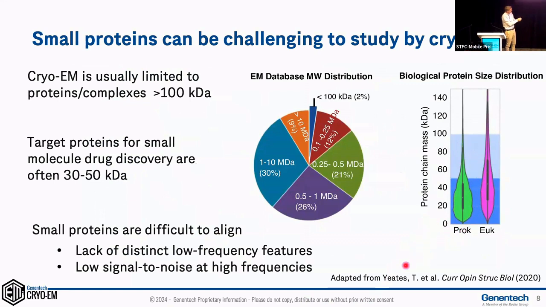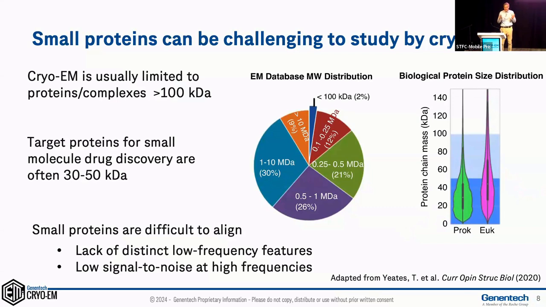And this is something that we took from a review by Todd Yates. If you take that to be an indicator of randomly how big a target might be that you select from a genome, then most of the targets from prokaryotes and many of the targets from eukaryotes would be smaller than 50 kilodaltons, which I think you would agree is too small to be easy by CryoEM.